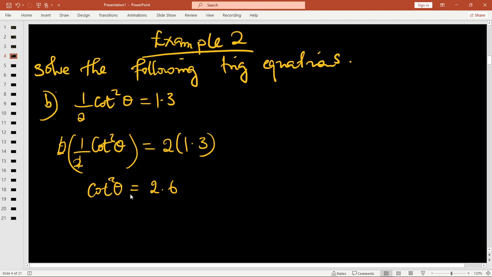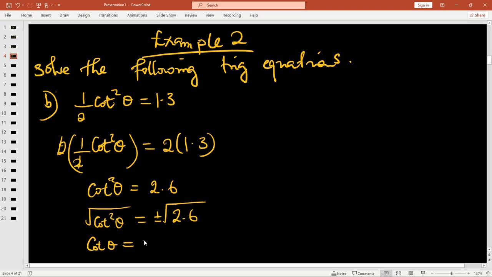Now, remember, we have the power 2 here, meaning that we need to introduce the square root. So we're going to have the square root of cot squared theta is equal to plus or minus the square root of 2.6. So cot theta is equal to, we find the square root of 2.6, which is 1.61.